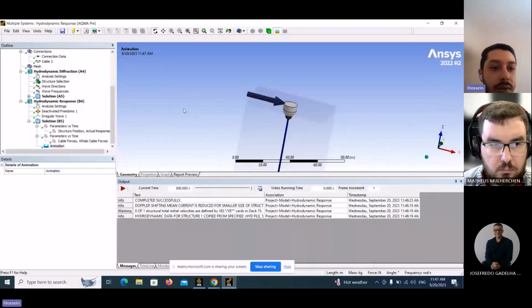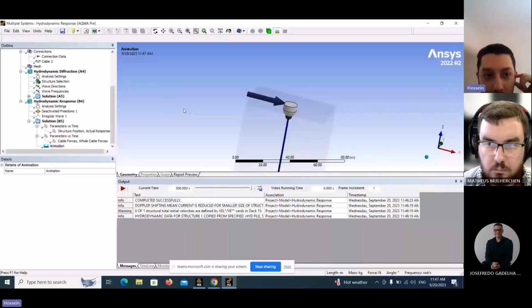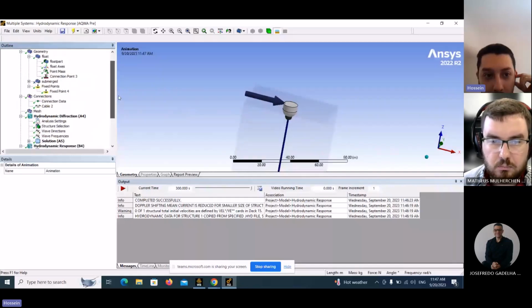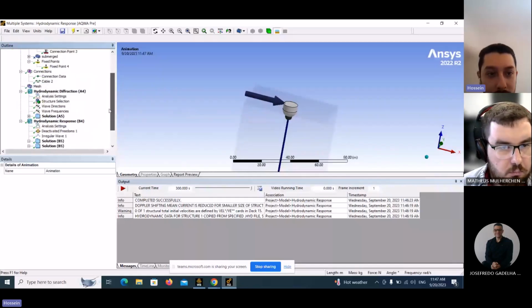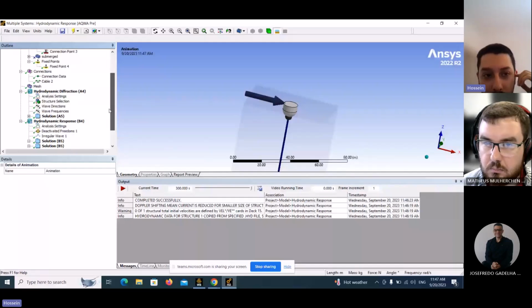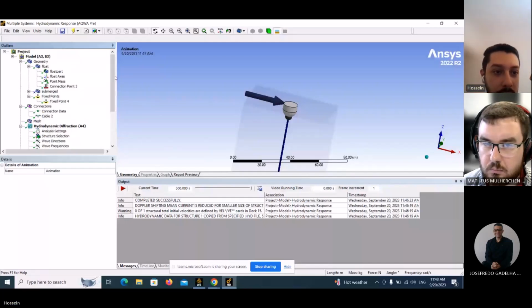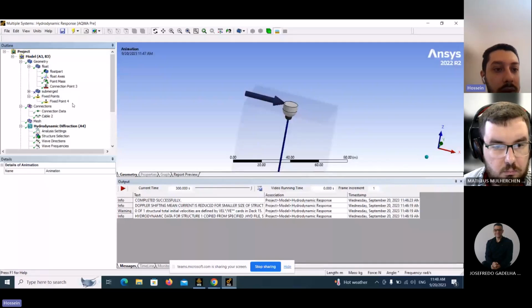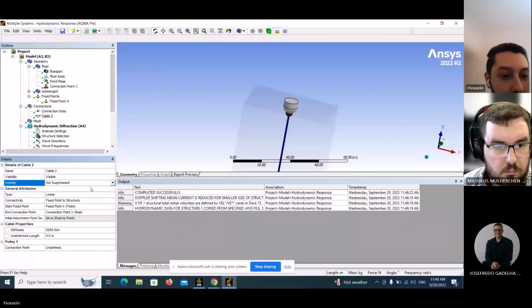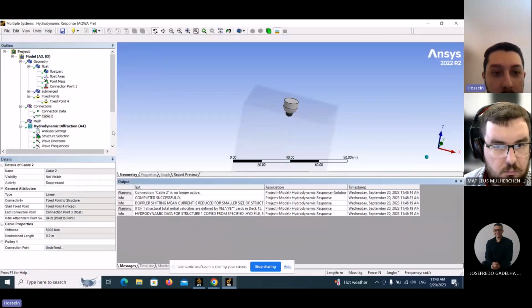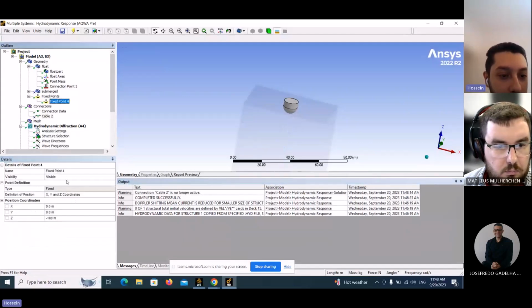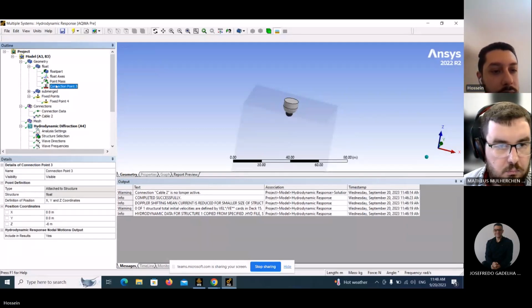And another useful thing for modeling the PTO that I said, we can have the stiffness and damping matrices added to the structure and see the results. And now I suppress the cable. We don't need it, and also the fixed points. We can delete it. Okay.